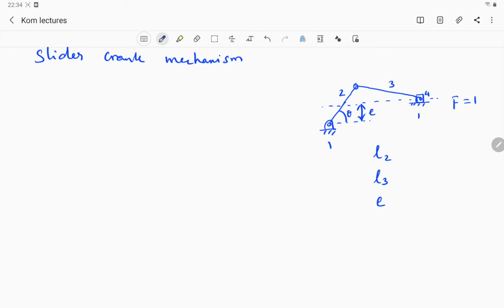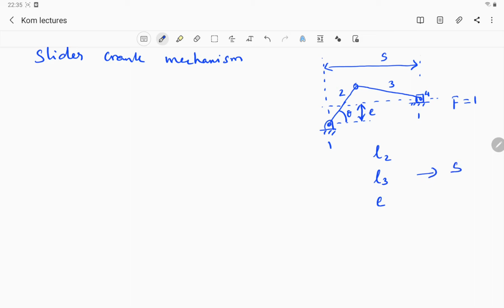Okay, and what is the output variable? The output variable will be the position of the slider, from here, let's call this the origin, so let's call that S. So what is S?